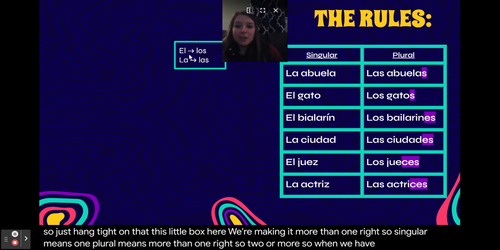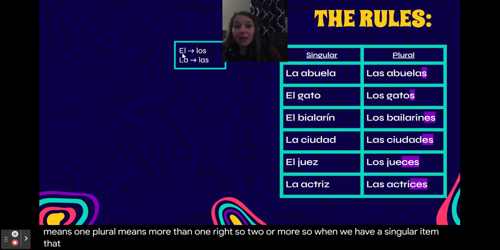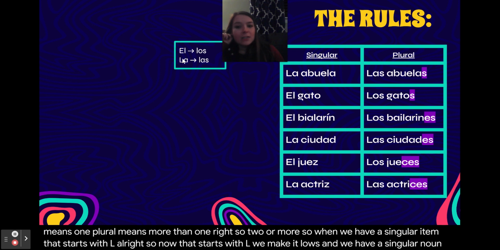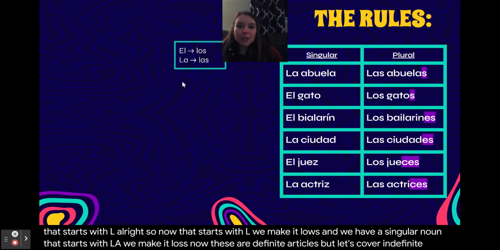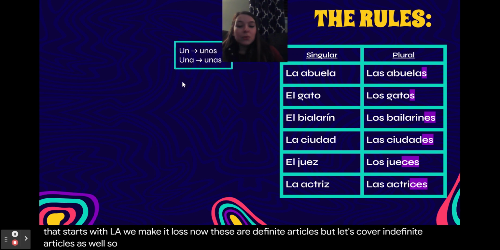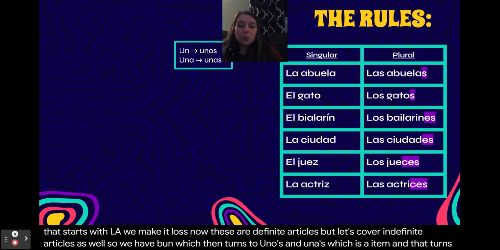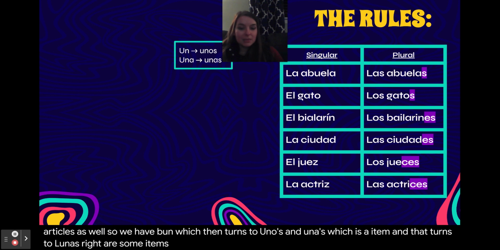When we have a singular item that starts with el, we make it los. When we have a singular noun that starts with la, we make it las. Now these are definite articles, but let's cover indefinite articles as well. So we have un, which turns to unos, and una, which is an item, and that turns to unas, right? Or some items, plural.